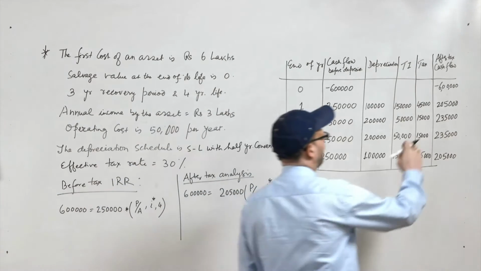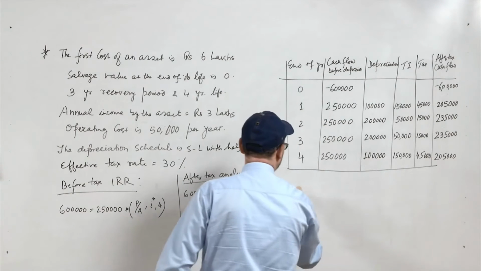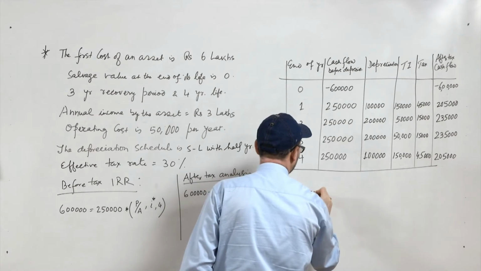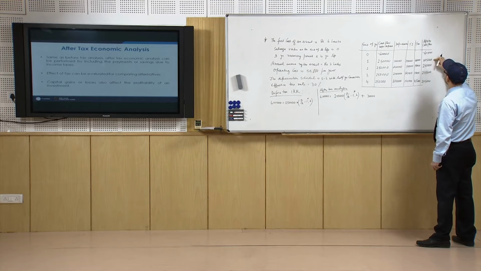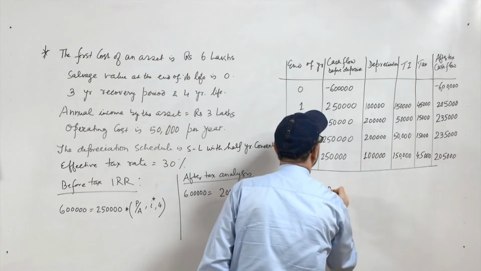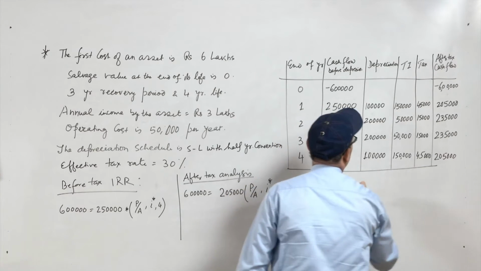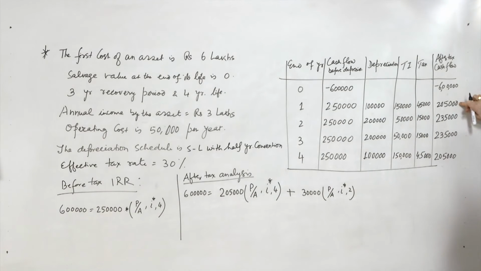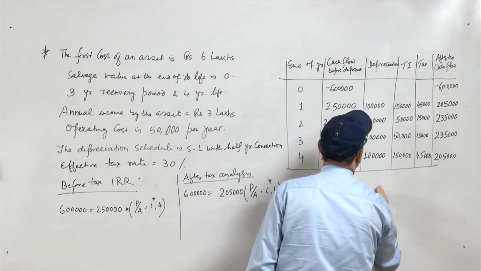Then you have 30,000 for these 2 years, so 30,000 multiplied by P/A, i*, 2, and further its equivalent value at this point you have to multiply by P/F, i*, 1.